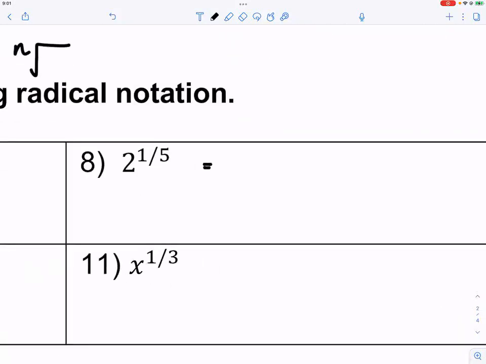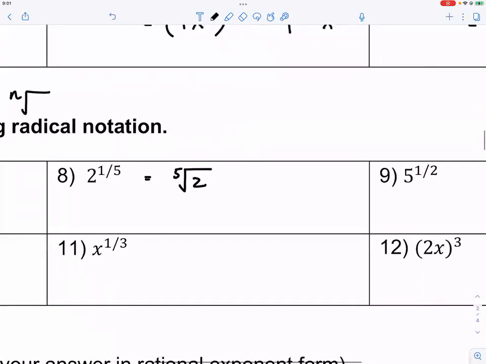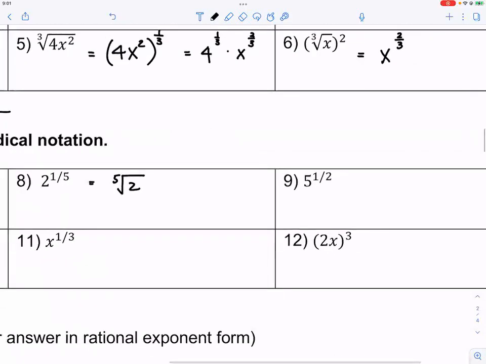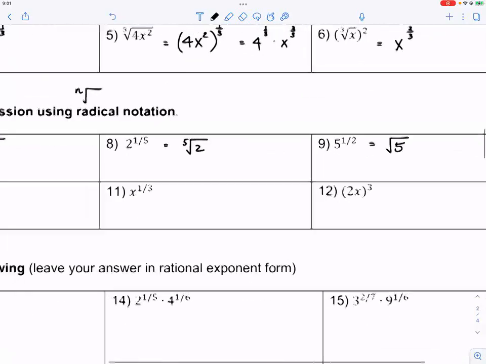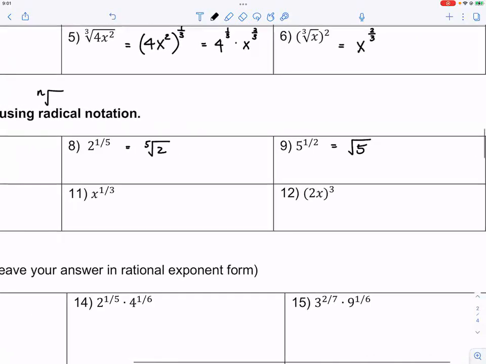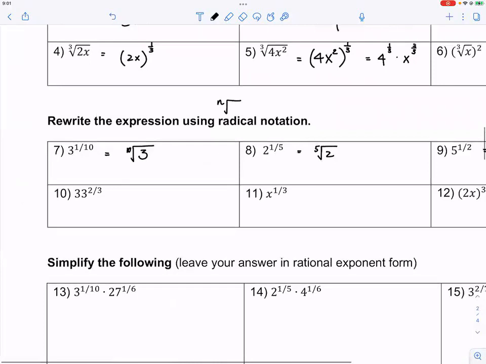So number 8, 2 to the 1/5 power, that means we will write the 5th root of 2. And 5 to the 1/2 power means that we will simply write down the square root of 5. And if it's a square root, we don't need to put a 2. That's understood among all people. So number 9, 5 to the 1/2 power is just square root of 5.